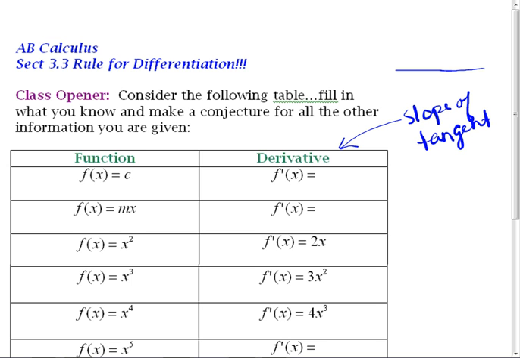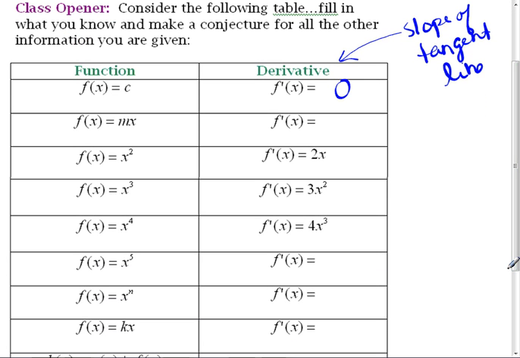So somebody said 0. So what if you have y equals mx? What's that slope? It's m.